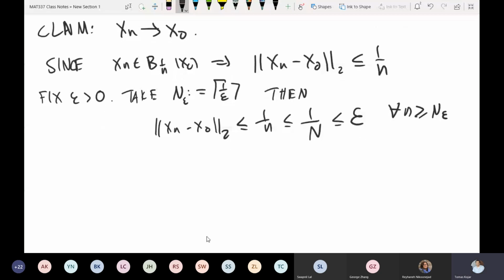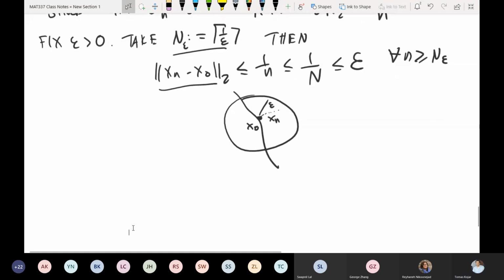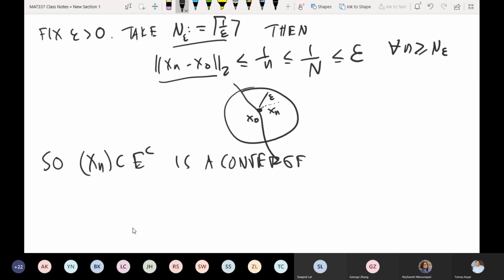For this n epsilon choice, they all fall inside the epsilon ball. Okay, so Xn is a convergent sequence.